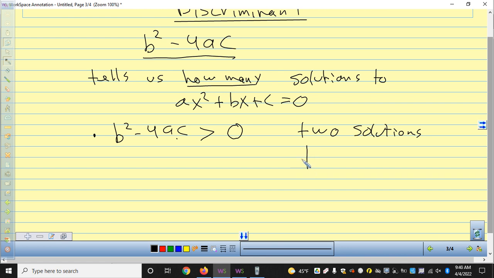And that tells us our graph looks something like this, where it's crossing in 2 places, or our graph looks something like this, opening down and crossing in 2 places.